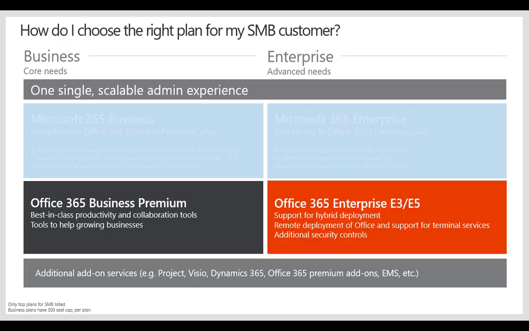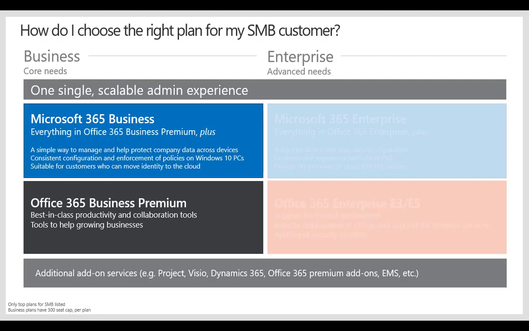Now, if they need more advanced features, things like legal hold on their mailboxes or unlimited size on their OneDrive and their mailboxes, we can start looking at the Enterprise E3 and E5 versions of Office 365. These two products, again, are the same, and it's important to understand the business need and value that these can provide for the customer.